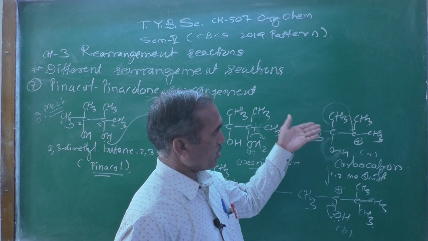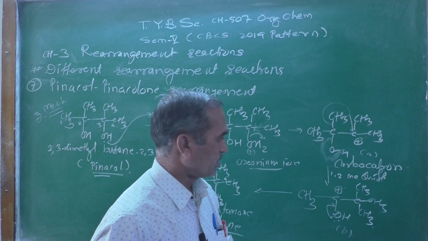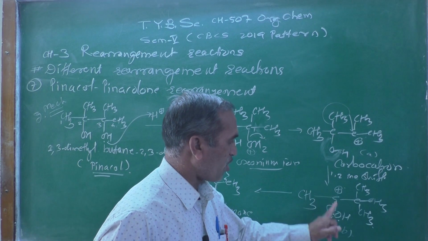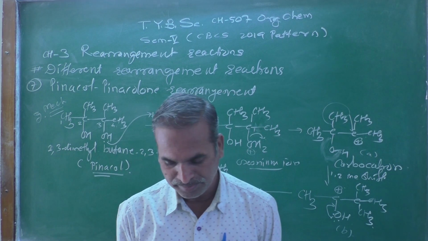After the Wagner-Meerwein 1,2 methyl shift, the carbocation is formed near the hydroxyl group.